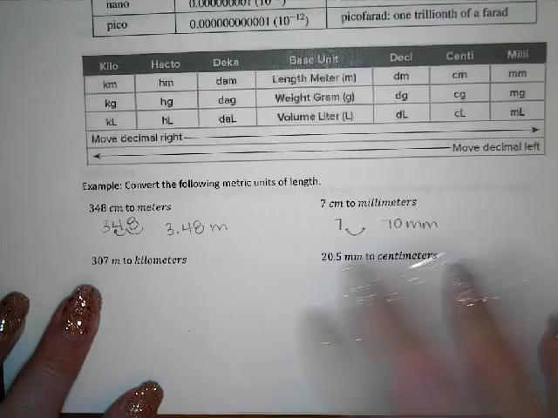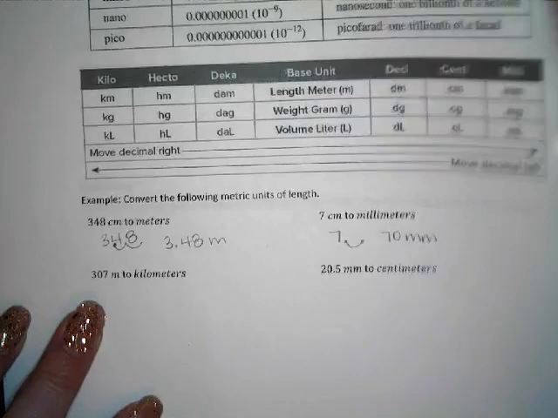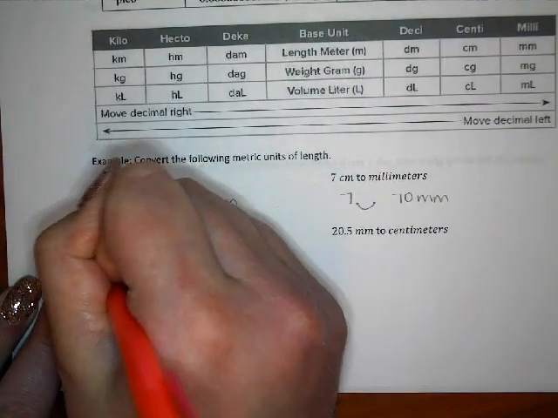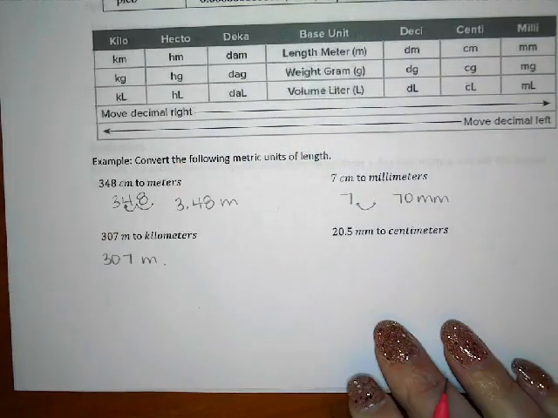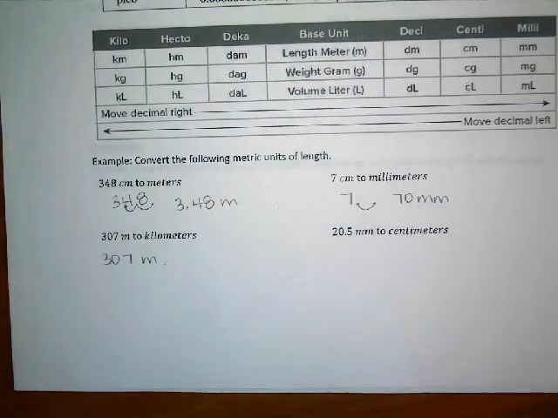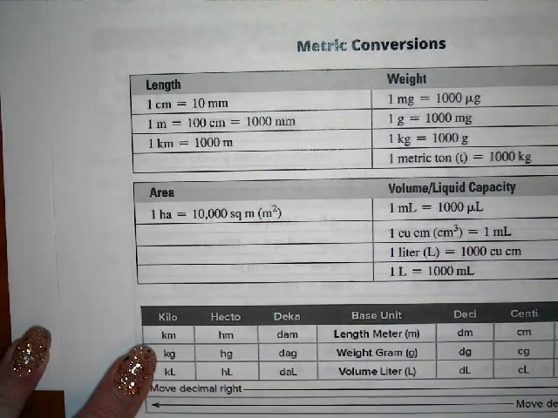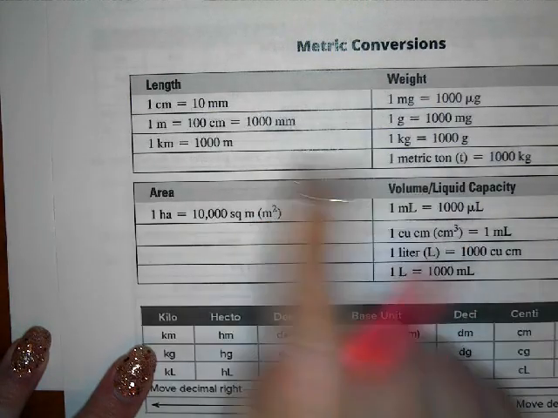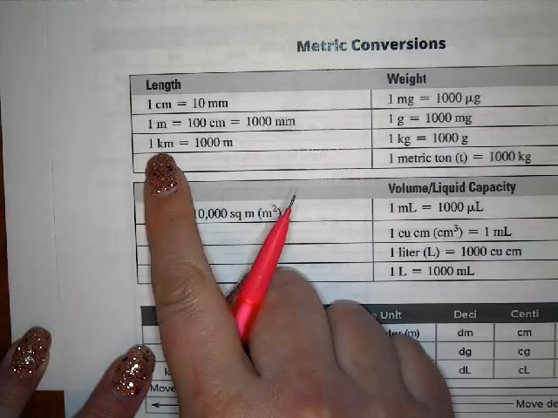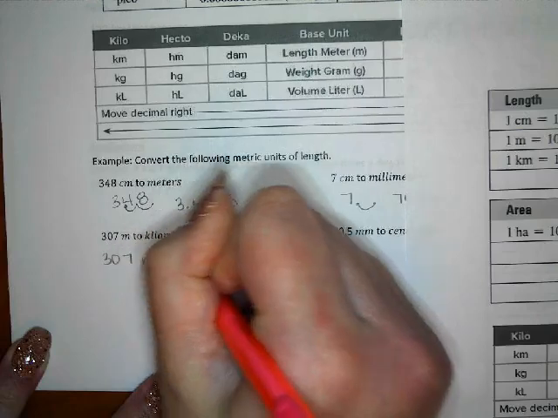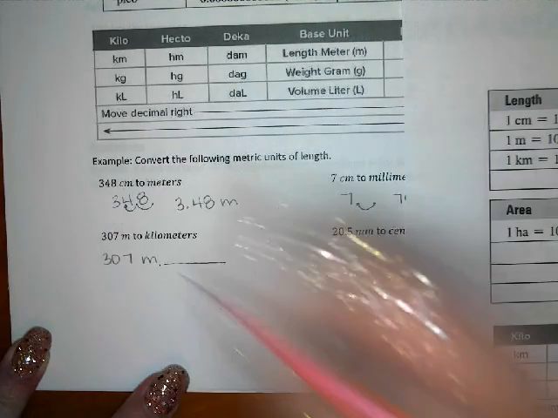I can also do this by using unity fractions. So here if I had 307 meters and I wanted to convert that into kilometers, then I can use my little conversion table. Meters into kilometers. 1 kilometer is 1,000 meters. And so I could say I need to multiply by my unity fraction.